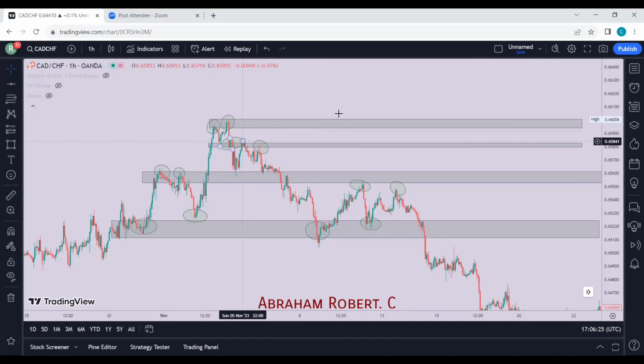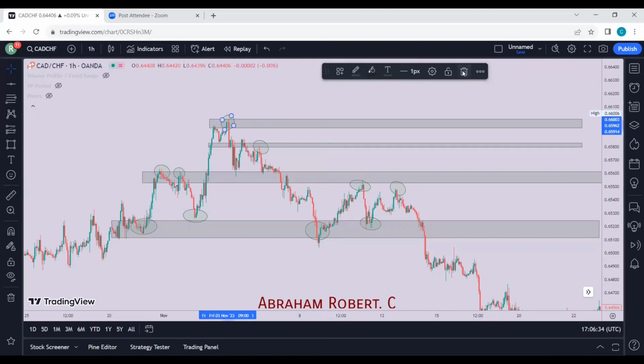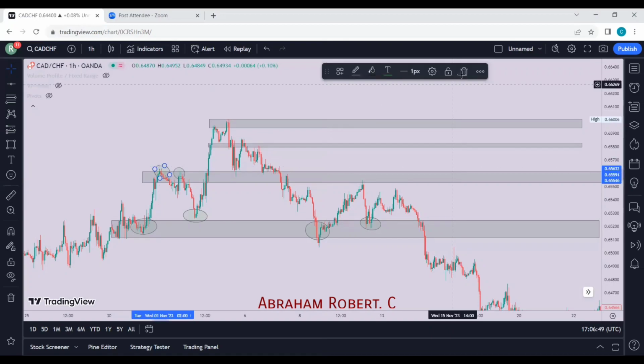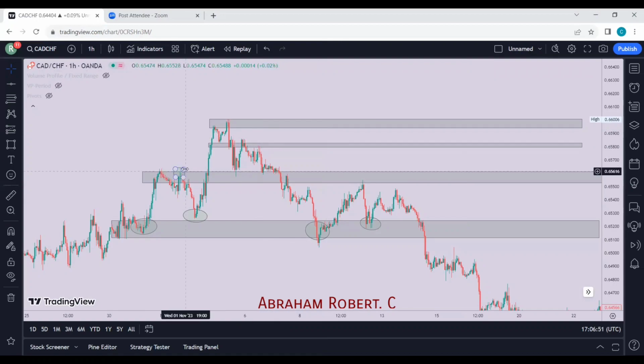Even all these circles, remove them so that you can be seeing the candlesticks. Once the market is crowded with too many things, you will not be seeing the candlestick movement clearly. Those things will be blocking your view. So the only thing I leave on my chart is just the structural lines.